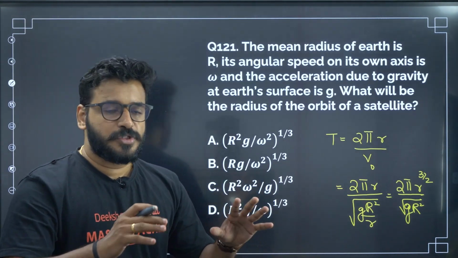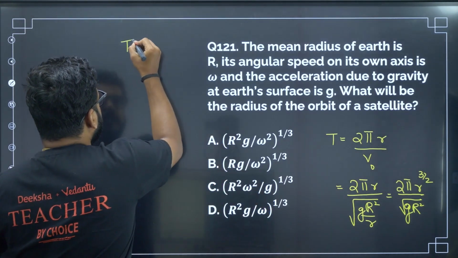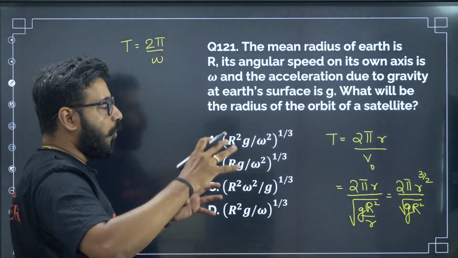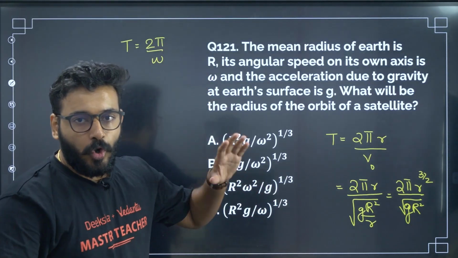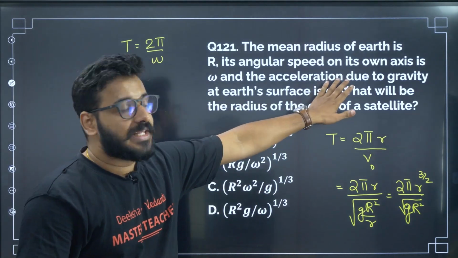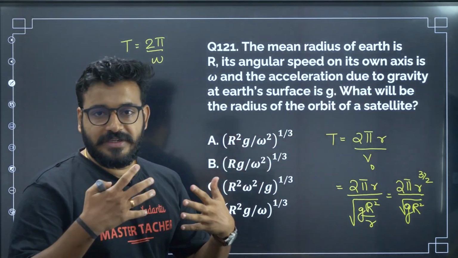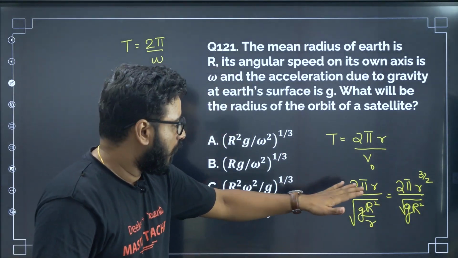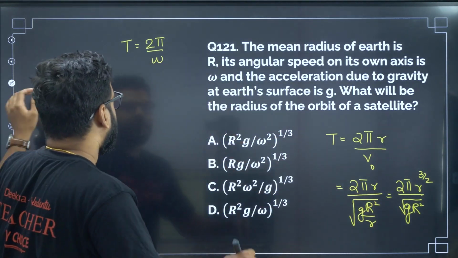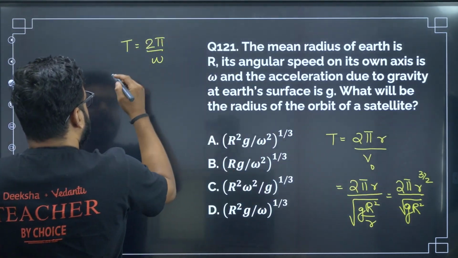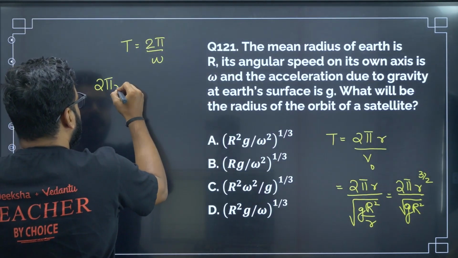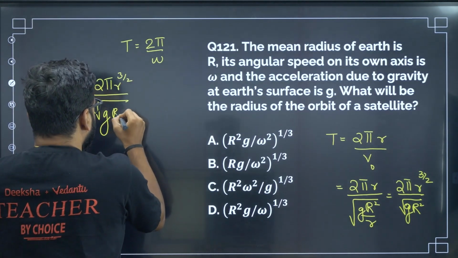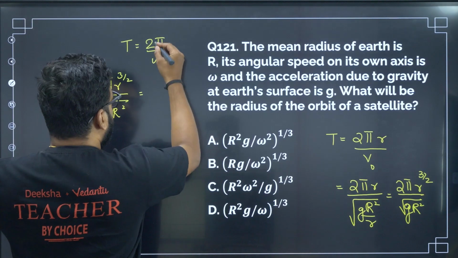The other time period formula which you all know is T = 2 pi by omega. Now we have all the components given in the options that we need to deduce, with respect to the orbital radius R. So equate both time periods: 2 pi R to the power 3 by 2 divided by root of g r squared is equal to 2 pi by omega.